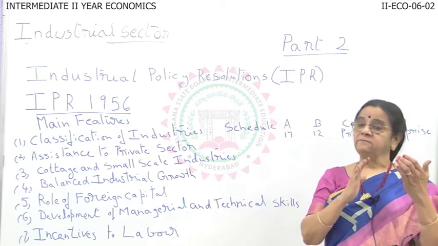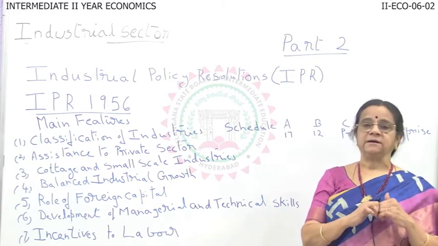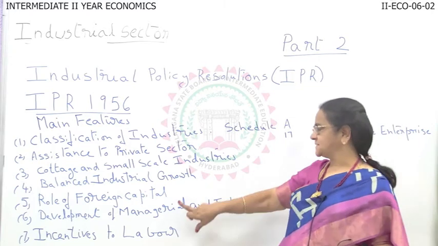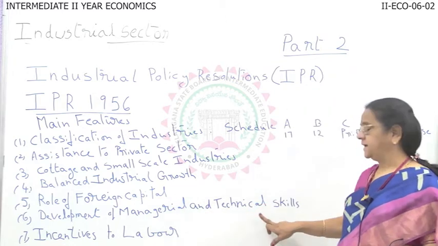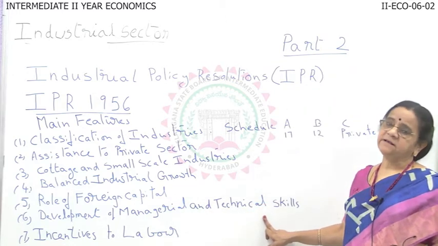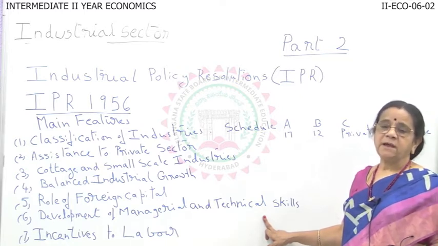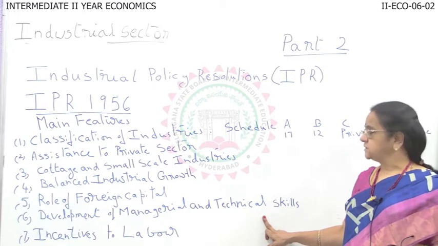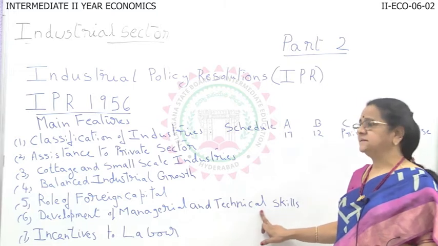So, foreign investment may be there, but management should be in Indian hands. So, next we have development of managerial and technical skills. They are very, very important for industrial development. So, government would set up various training institutions to promote managerial and technical skills.